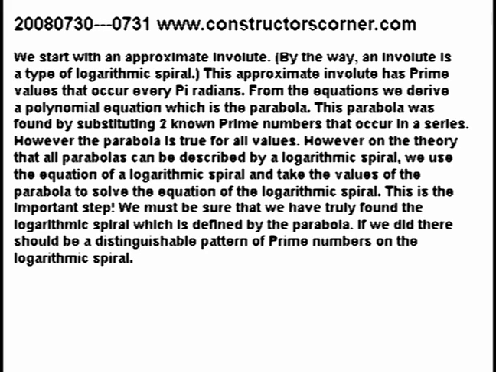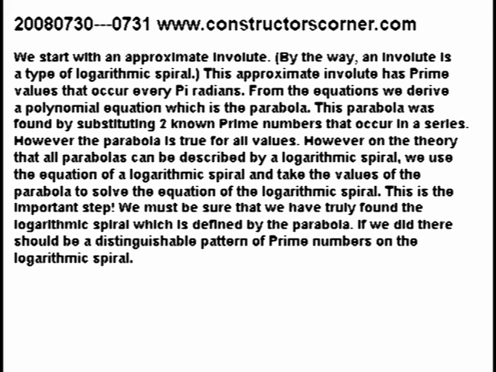But this time we're going to have a logarithmic spiral taken from the parabola, which is going to intersect the same values of the involute. This is an important step. It is important, and the whole theory relies on it. We must be sure that we have truly found the logarithmic spiral which is defined by the parabola.